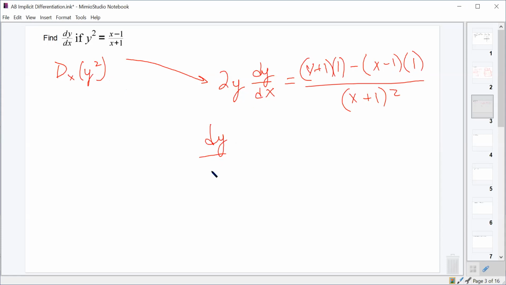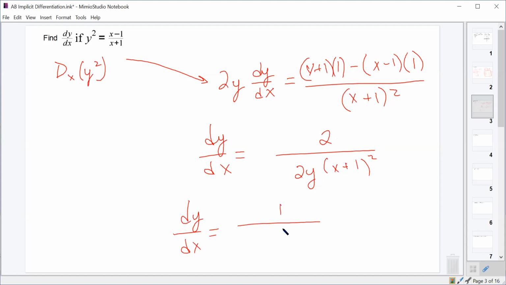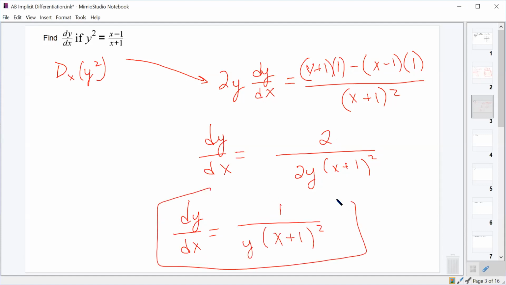We can divide both sides by 2y, and we'll end up with a 2y times an x plus 1 squared in the denominator. And up here we've got x minus the x will cancel out, and we've got a 1 minus a negative 1, which should become a 2. And so we should in the end up with dy dx equals 1 over y times x plus 1 squared. And now our derivative's got both x and y in it, and that's fine also.